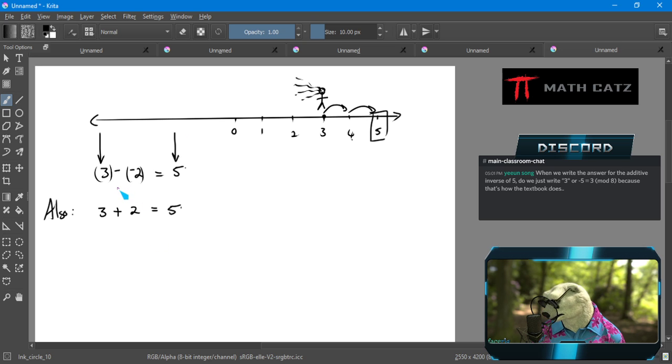One was by way of subtracting a negative integer. The other one is by way of adding a positive integer. But it's not random. These two are very closely connected. If one is -2 and the other one is 2, they are not random. They're always going to be additive inverses of each other.